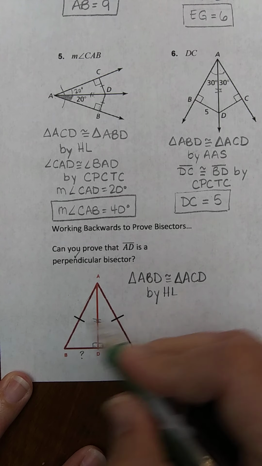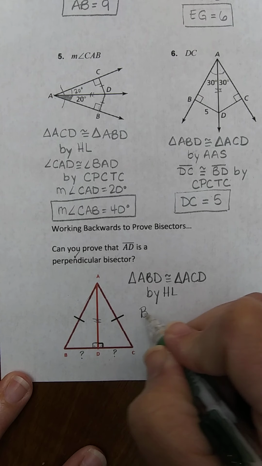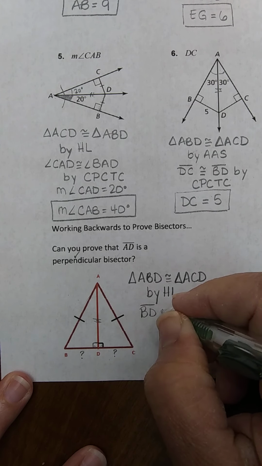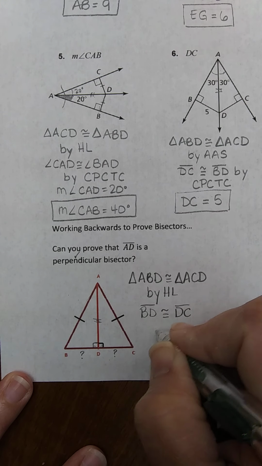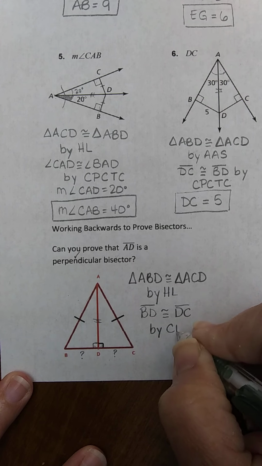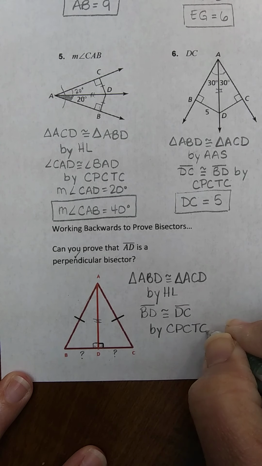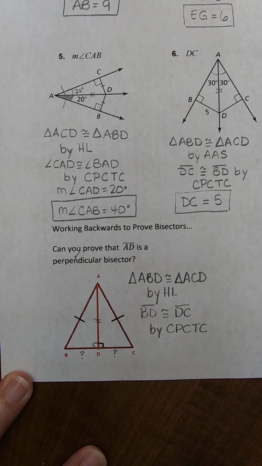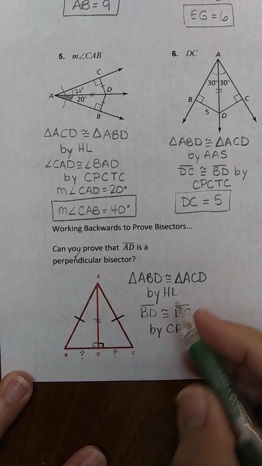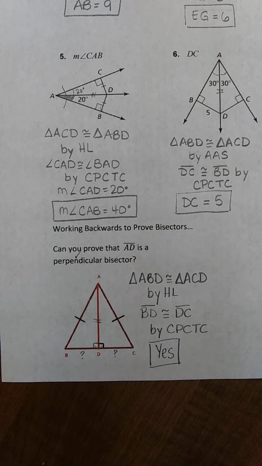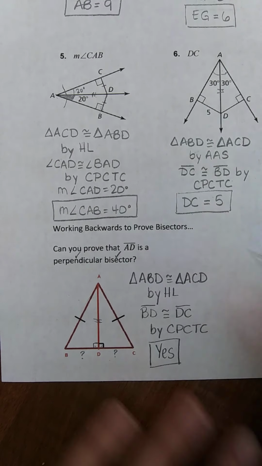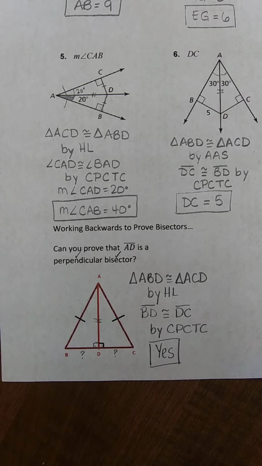Well, if those are congruent, then BD would be congruent to DC because corresponding parts of congruent triangles are congruent. So, if these two are the same, then yes, I can say that AD is a perpendicular bisector because I proved it was bisecting or cutting in half.